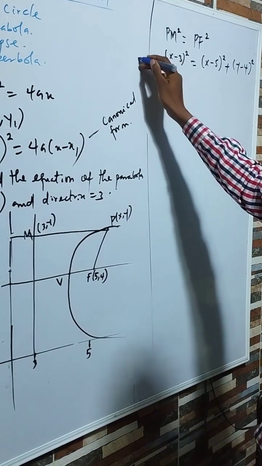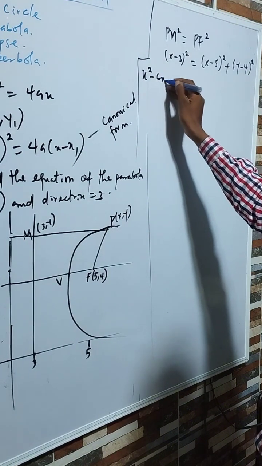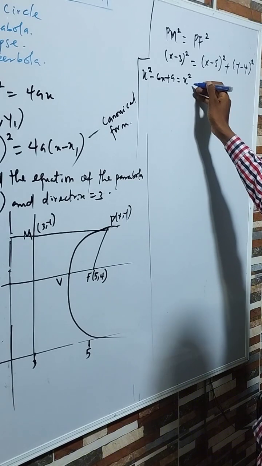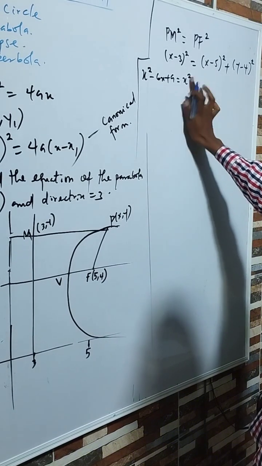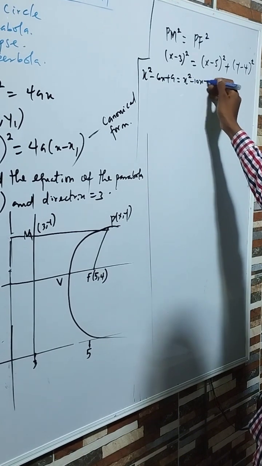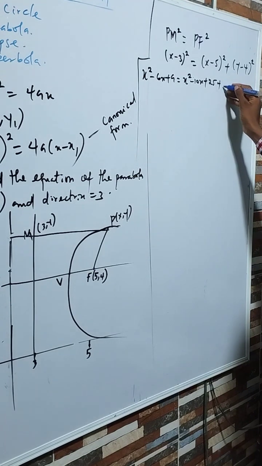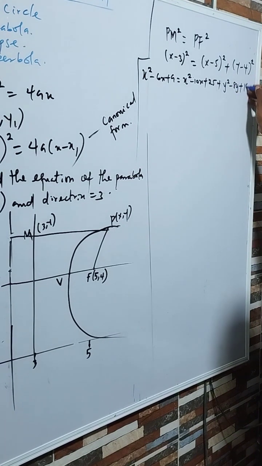Let's have it this way: x squared minus 6x plus 9 equals x squared minus 10x plus 25 plus y square minus 8y plus 16.